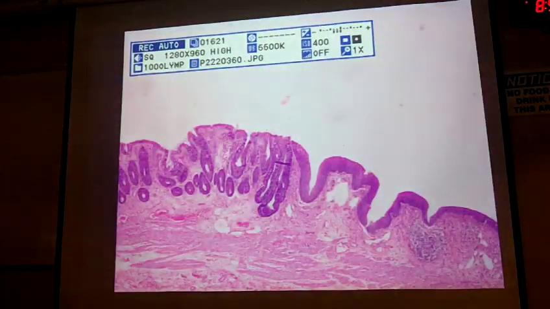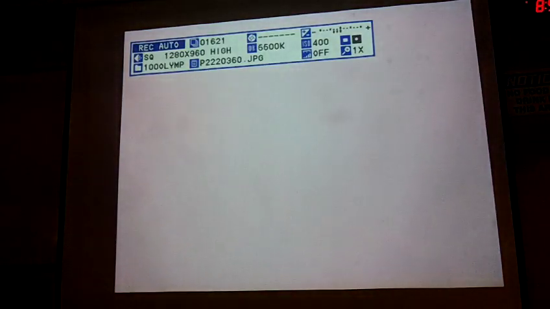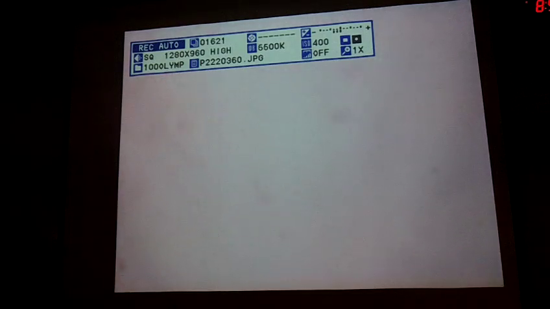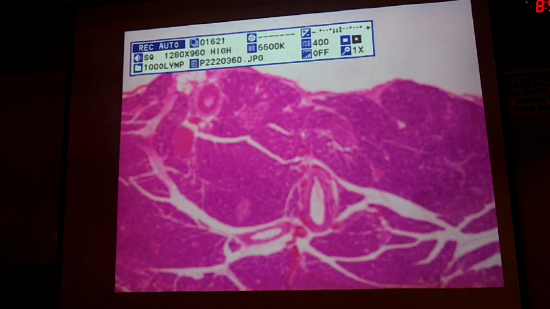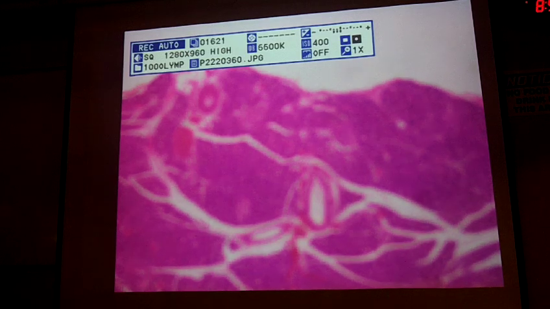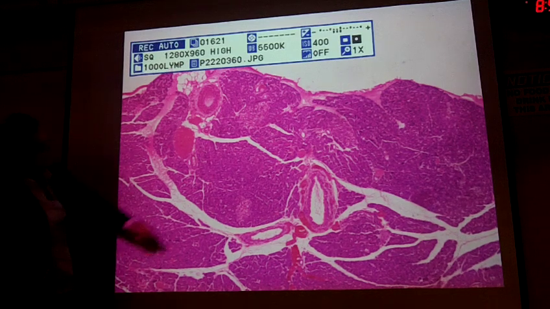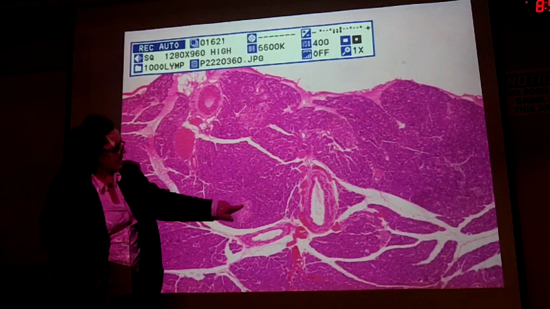And the last one is the pancreas. You guys should be familiar with this already. Pancreas, you can see right here, that would be your islets, your pancreatic islets.